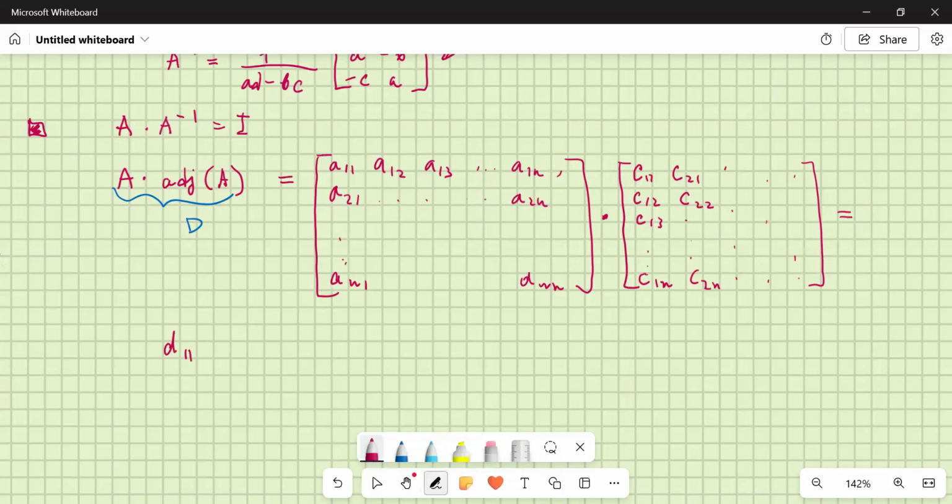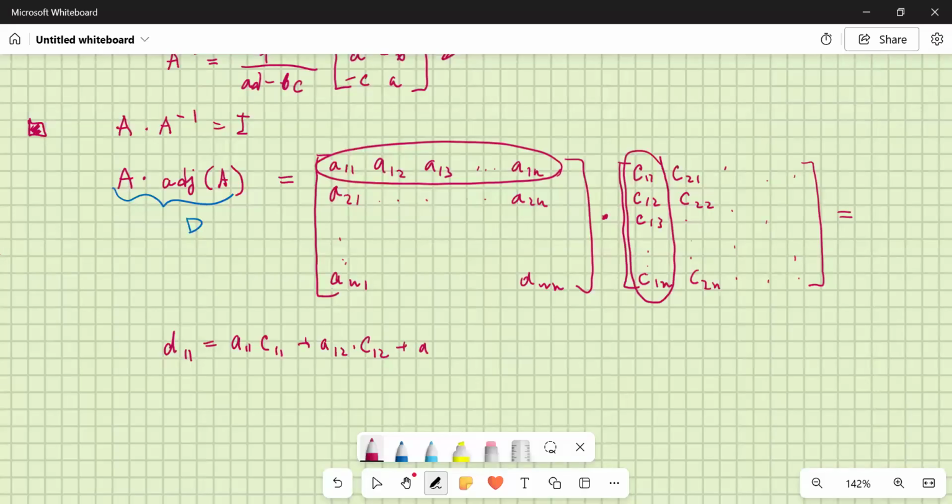Well, how do I do this? I'll need to multiply my first row by my first column here, right? And that's going to be a11 by C11. Yeah, it looks like a 2 over here, but that's actually a 1, right? And then a12 by C12, a13 by C13, and until we reach a1n by C1n.